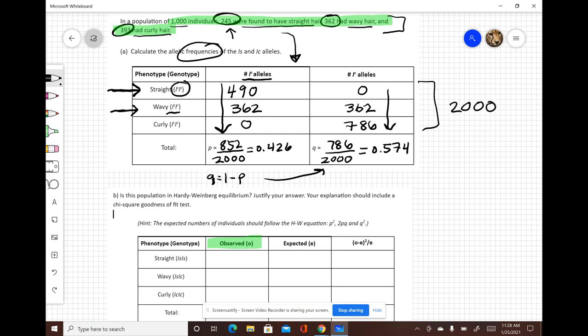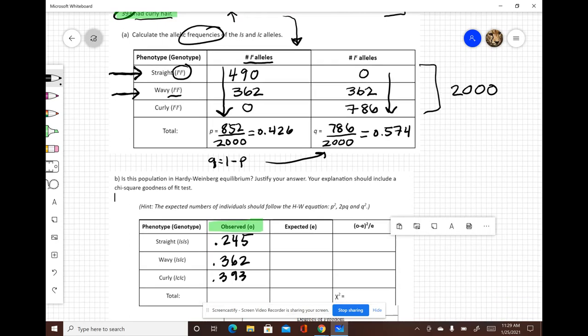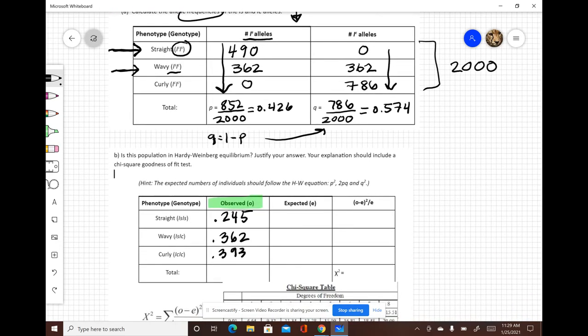So if I had 245 individuals with straight hair, when I find that frequency, that's the same thing as 0.245. The wavy hair would be 0.362 as a frequency, and curly would be 0.393. All of that is going to add up to equal a total of 1.